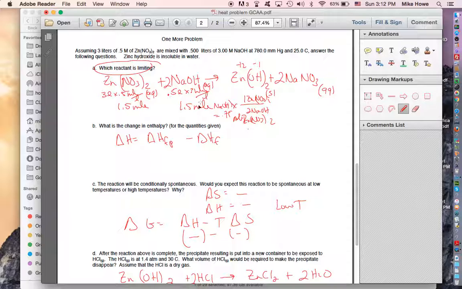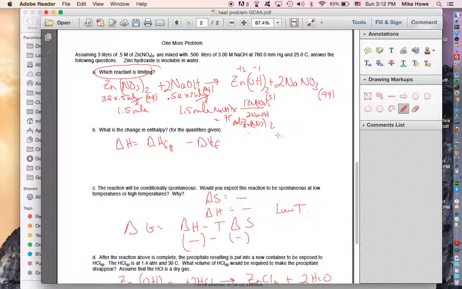So we learned up here that the NaOH was limiting. So if I took the 1.5 moles of NaOH, I'm going to put it right here for room. So 1.5 moles of NaOH on the bottom, zinc hydroxide on the top. There's 1 for every 2, so it equals 0.75 moles of zinc hydroxide.